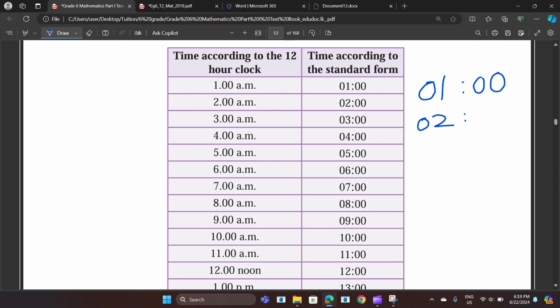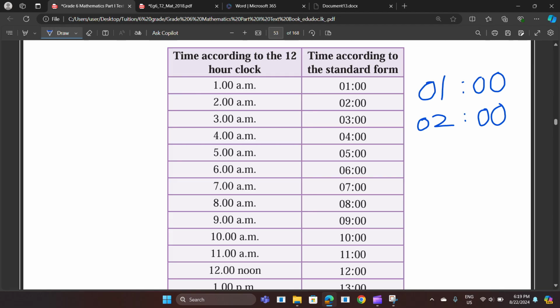We know these double dots. It is a colon, and no, you can't call it a ratio mark. It is just a colon, double dots. We put double dots between hours and minutes. 02, double dots and double 0.